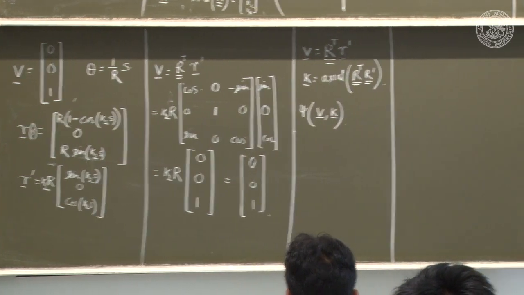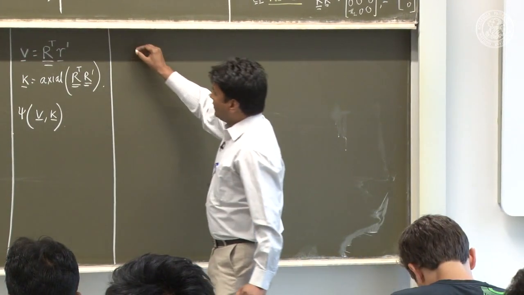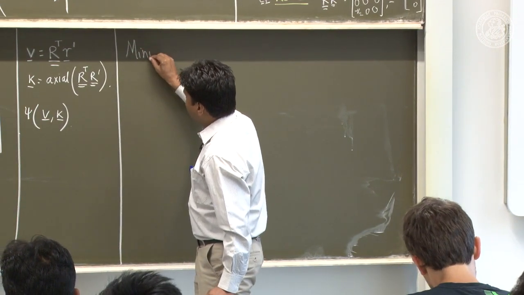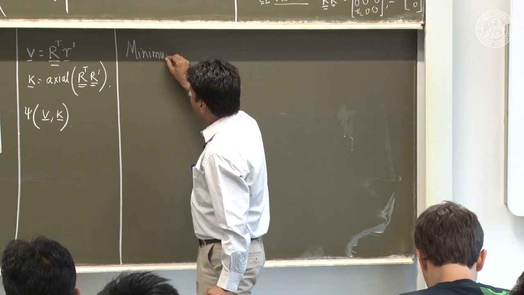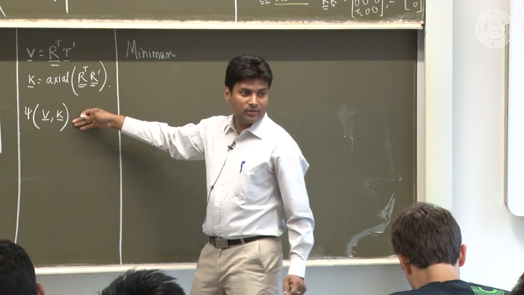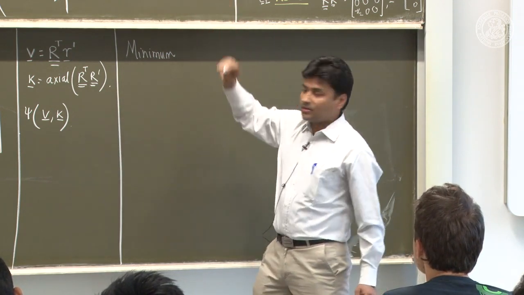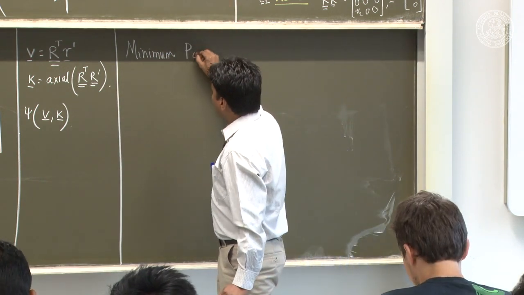So we will use what's called the principle of minimum potential energy to prove that its derivatives do give us the resultant stress.